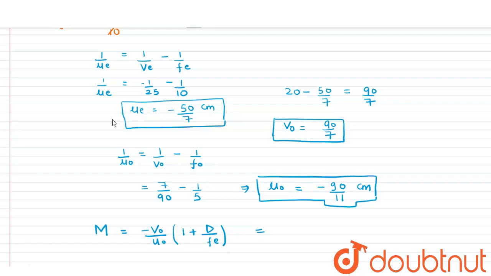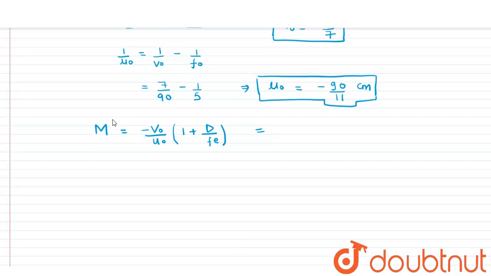Put all the values: the value of v_0 is plus 90 by 7, the value of u_0 is 90 upon 11, and 1 plus 25 upon the focal length of the eyepiece lens, 10.